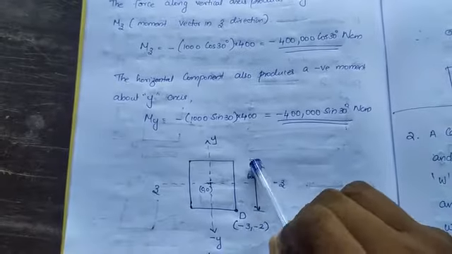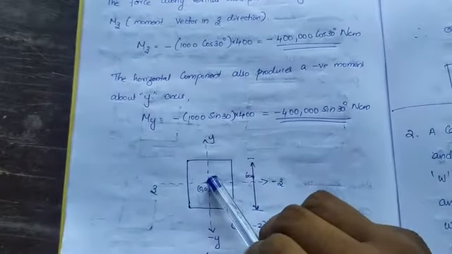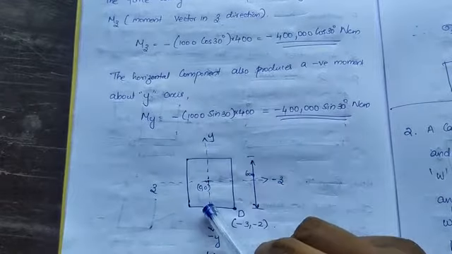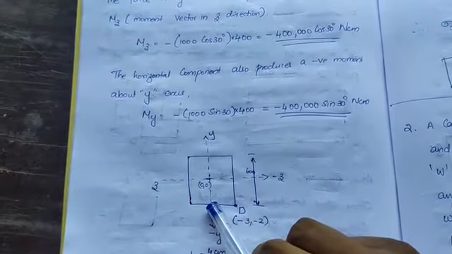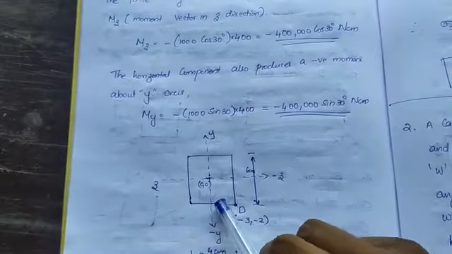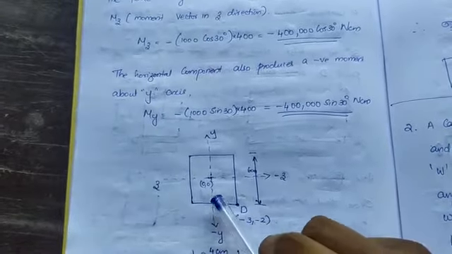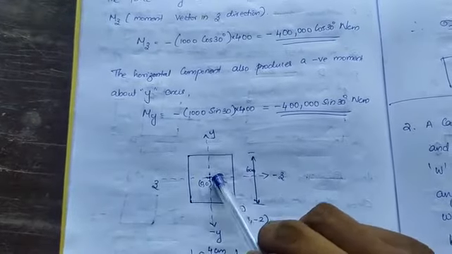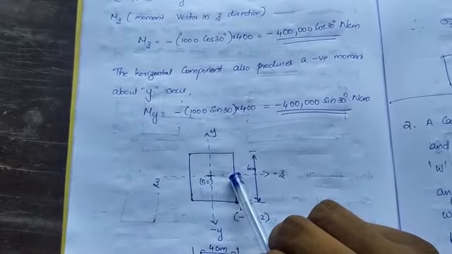The total depth is 6, so upwards 3 and downwards 3. For the y axis this will be minus 3, and for the z axis, the total is 4, so this is minus 2.